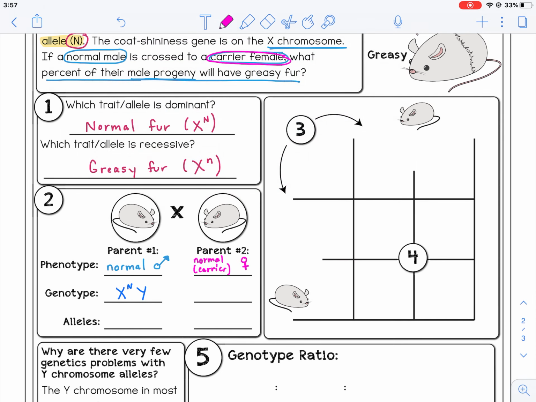The female is a carrier. That means she has to have one of the recessive alleles. We know that as a biological female, she has two X chromosomes. She has normal fur, which means she has to have one big N. Since she's a carrier, she also has one little n.